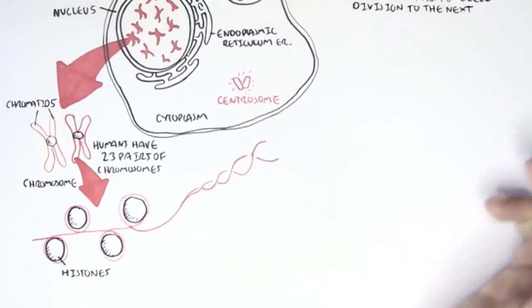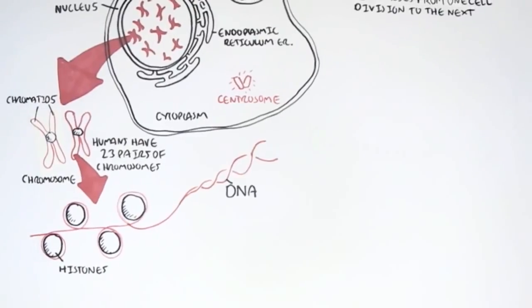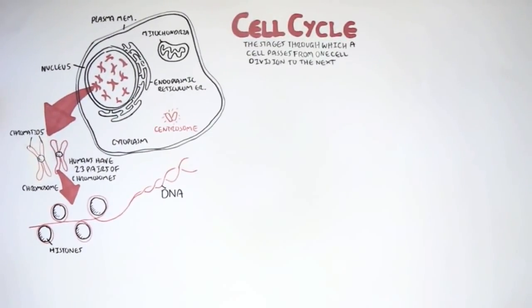So here is our DNA wrapping around the histones, which make up the chromosome. It is important to understand that we have 23 pairs of chromosomes, which means 46 chromosomes. Keep that in mind.